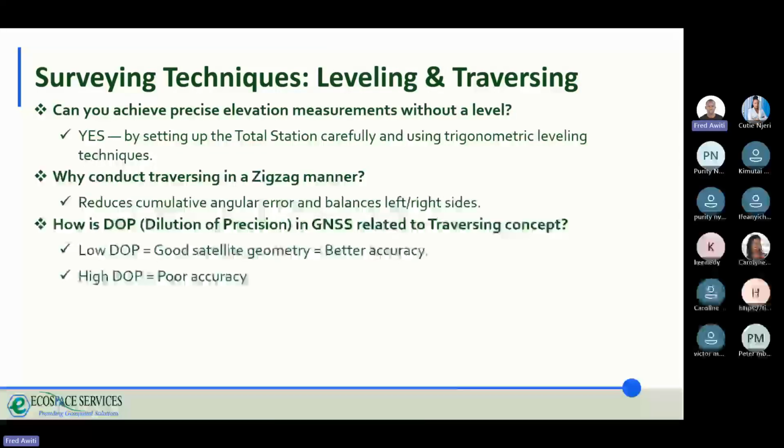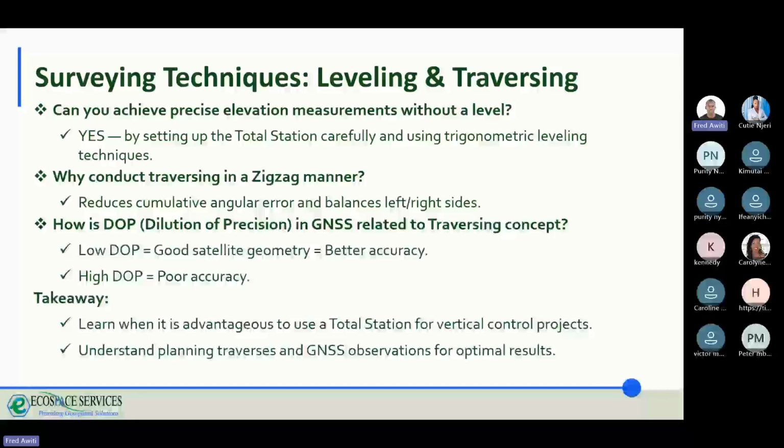If it is partly exposed to the sky, then you have a poor one. When you look at the GNSS receiver while working with it, you see things like the PDOP, GDOP, VDOP, HDOP, and so on. It shows you the distribution of the satellites in the sky. And that is what relates to the zigzag manner.